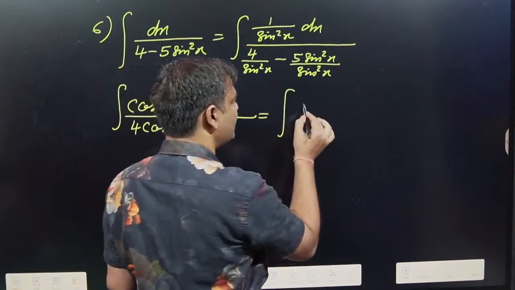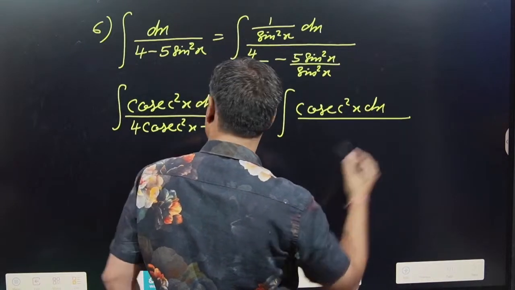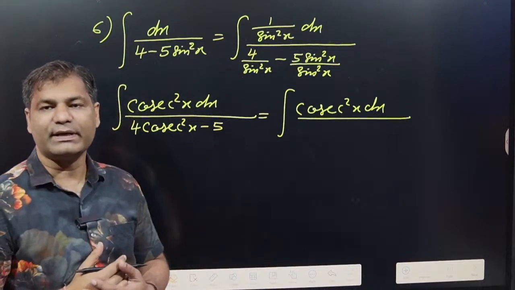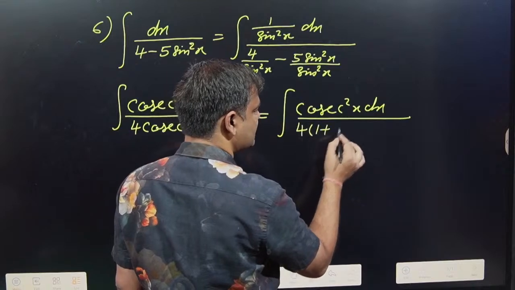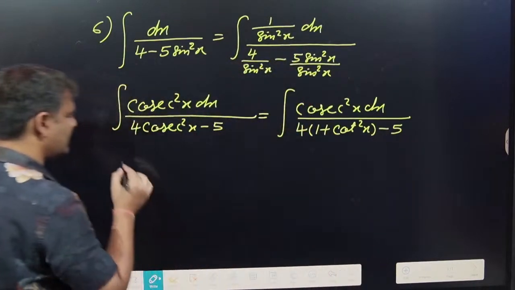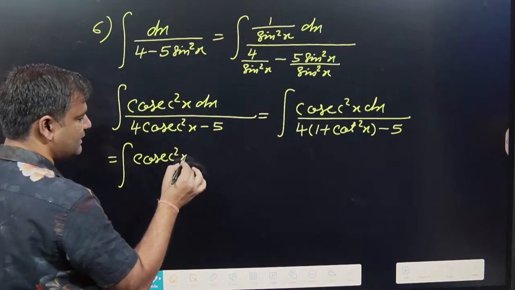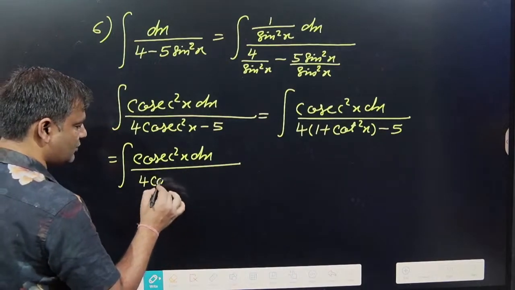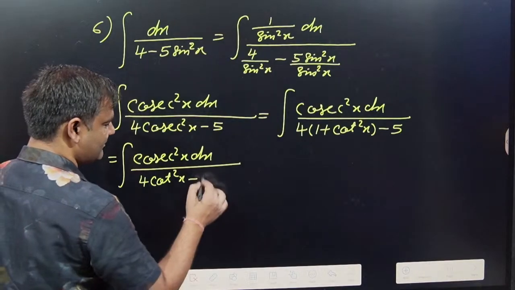In the denominator, cosec square x is replaced by 1 plus cot square x, so 4 times (1 plus cot square x) minus 5. After that, look here very carefully: cosec square x dx divided by 4 cot square x minus 4 plus 4 minus 5, that is 4 cot square x minus 1.